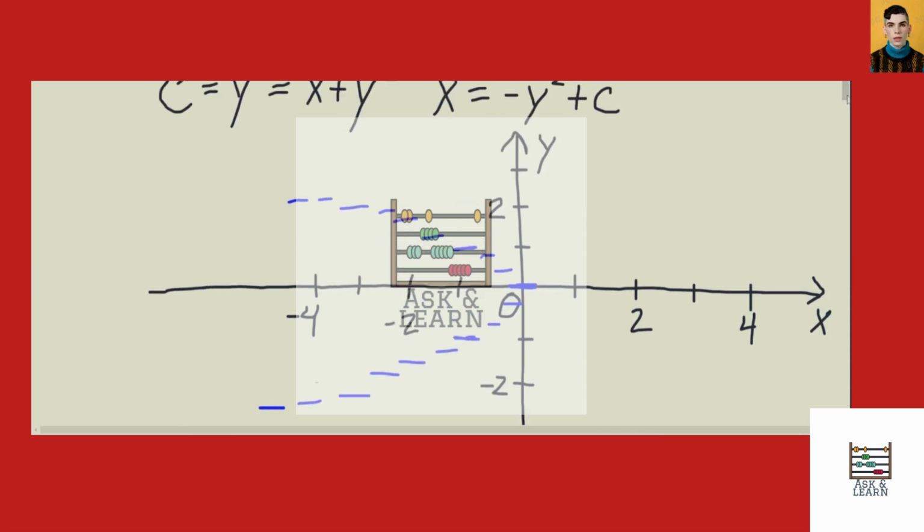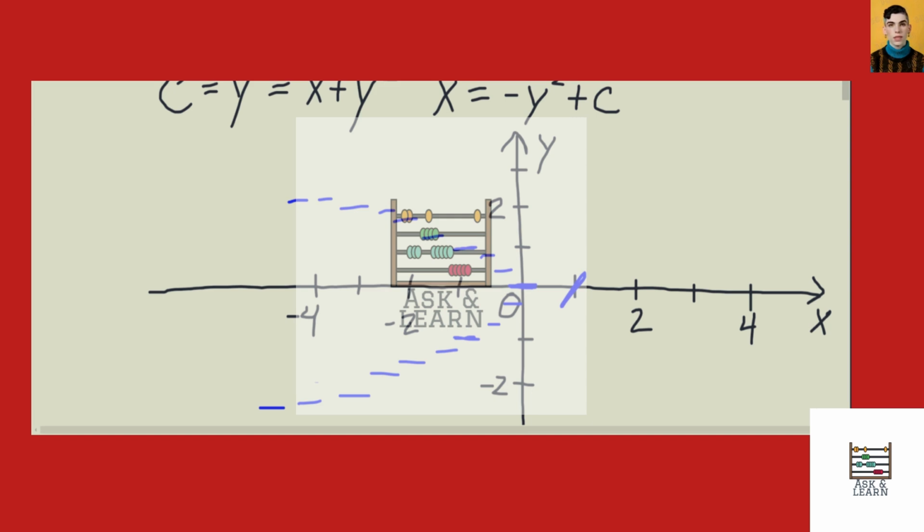If we take c to be, say, 1, then we'll have x equals negative y squared plus 1, and we have a point 1, 0 on this parabola, which has a slope of 1.